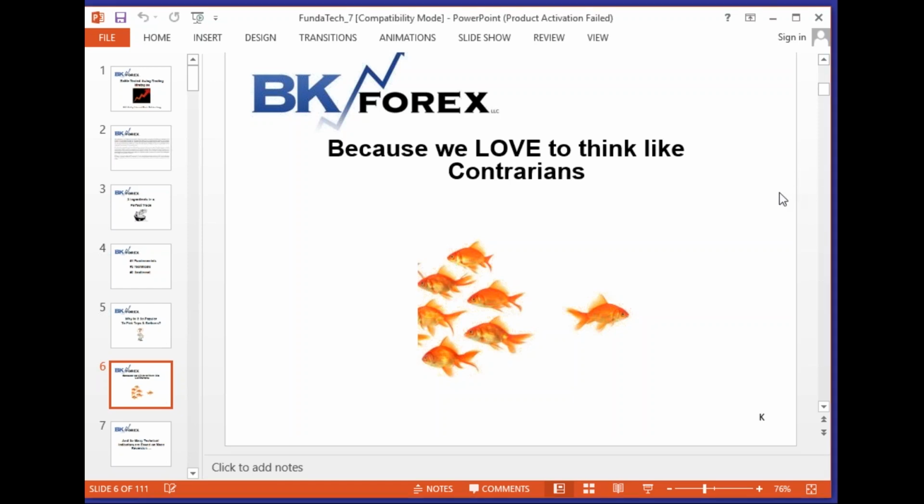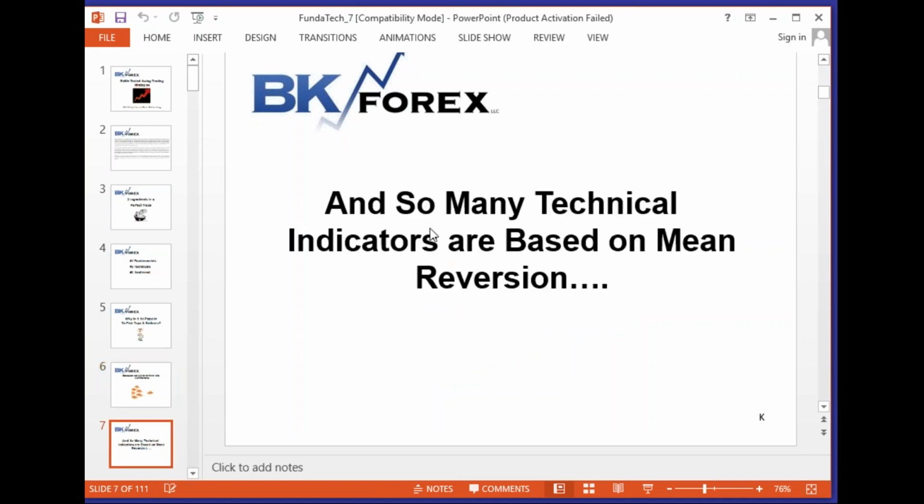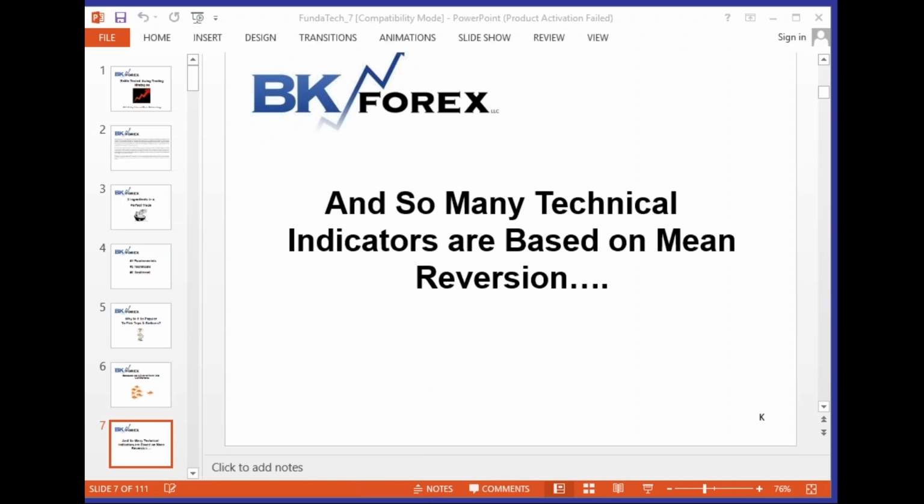And that is where technicals come into play, and that's where technicals can be so important. The popularity of picking tops and bottoms is what makes so many technical indicators geared towards mean reversion.